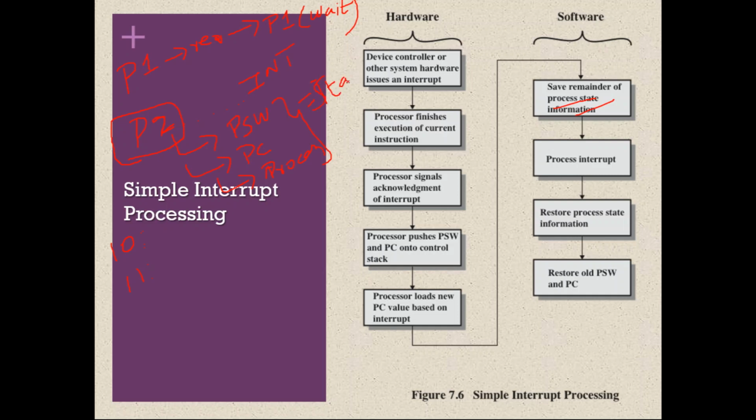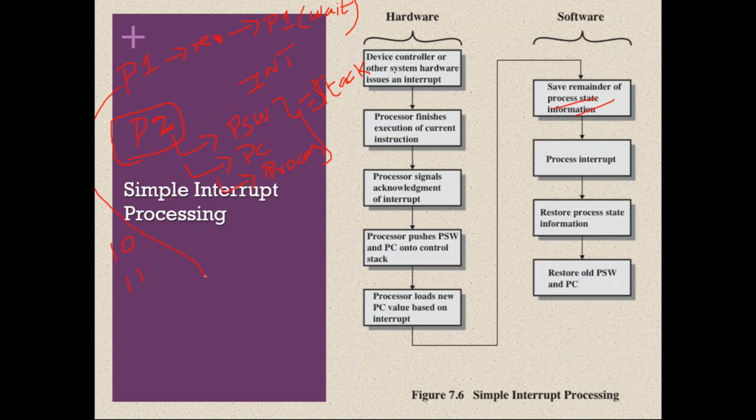Now if P2 is executing, and meanwhile an interrupt is received stating that IO is completed, you have to put P2 in wait state. But before keeping P2 in wait, you have to do all these things. All these things should be pushed into the stack. Then P1 will be loaded. Loading P1 means what?